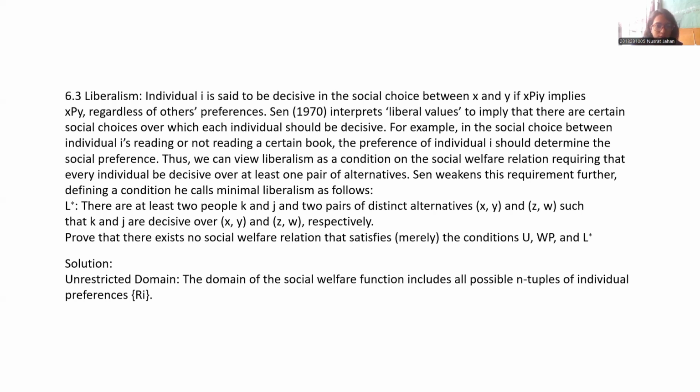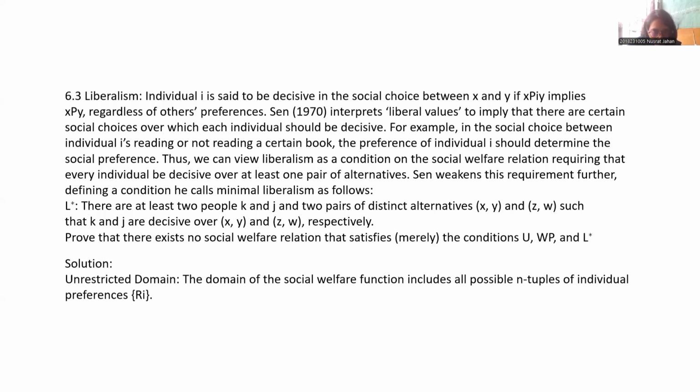Here Amartya Sen gave his example, but we won't include it here. Thus, we can view liberalism as a condition on the social welfare relation, requiring that every individual be decisive over at least one pair of alternatives. Sen weakens this requirement further.